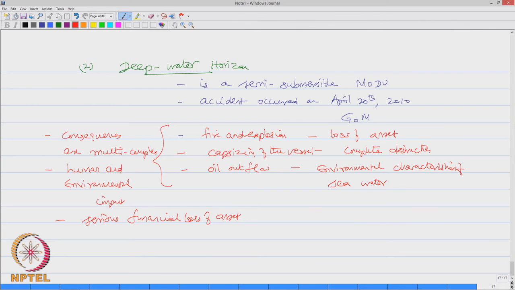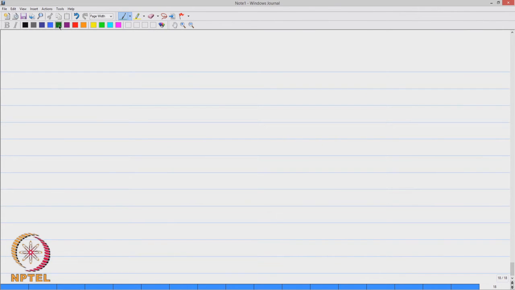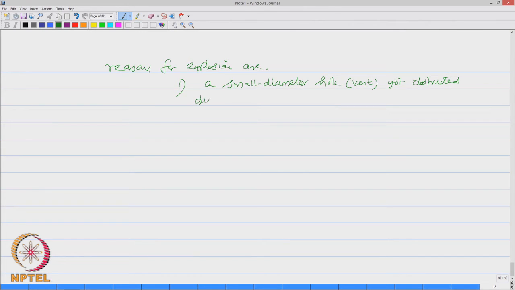The diagnosis of this event showed that the reasons for the explosion are a small diameter hole, which is a vent, got obstructed due to dirt circulation.